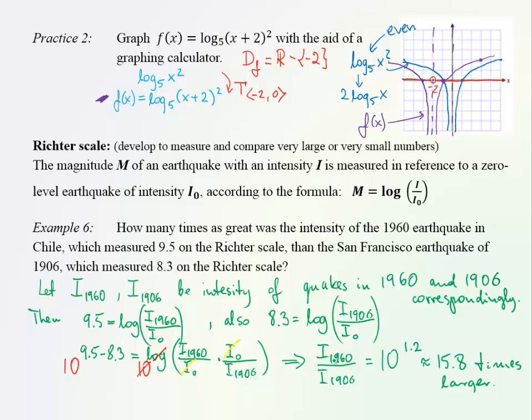So the earthquake in 1960 is about 15.8, nearly 16 times larger than the earthquake in 1906. However, the Richter scale didn't differ too much. It was just 1.2 larger. So tiny differences on the Richter scale actually represent quite larger earthquakes.